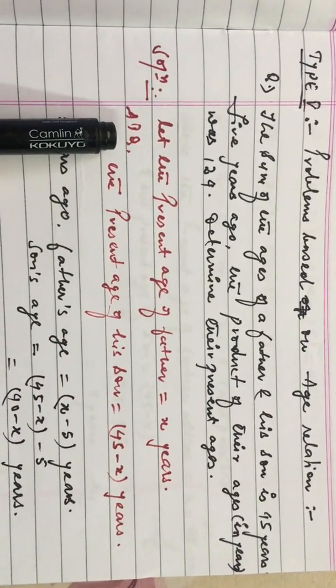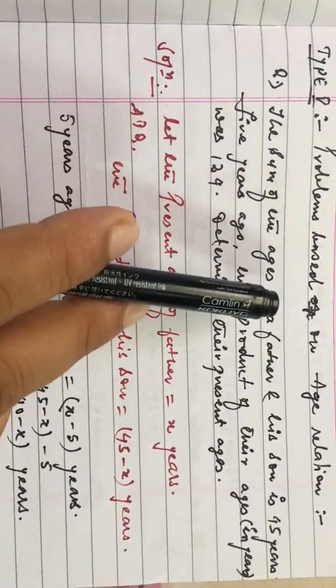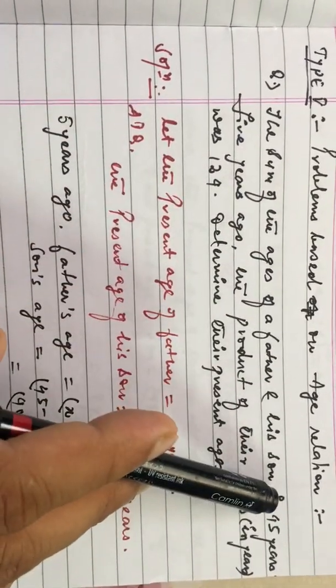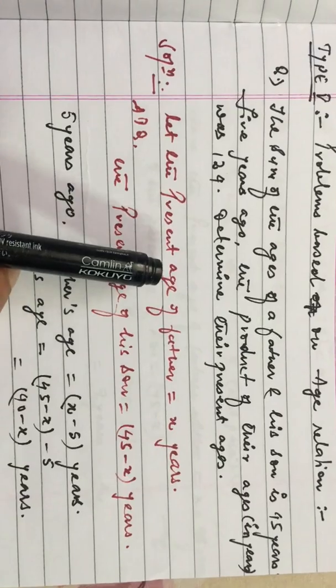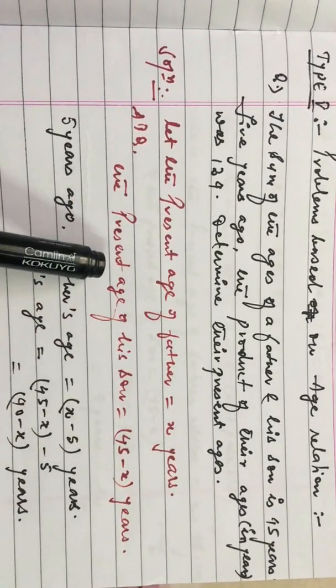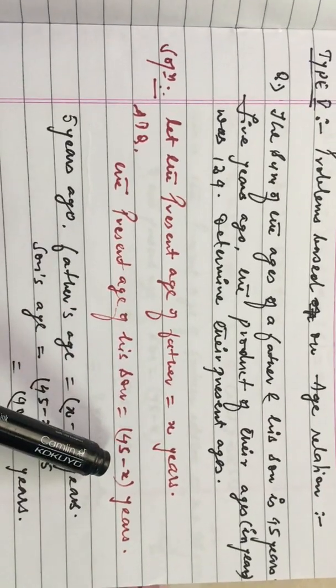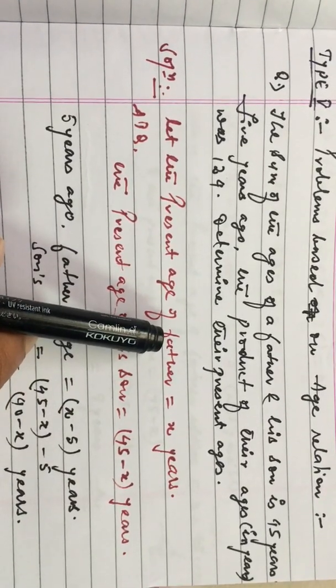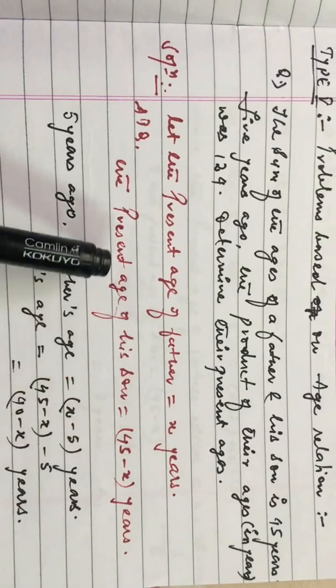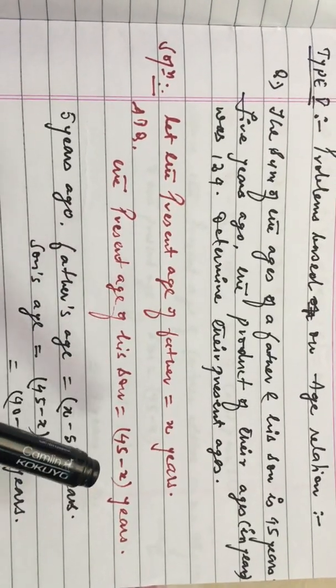According to the question, the sum of the ages of father and son is 45 years, so if the present age of father is x, then the present age of his son will be 45 minus x, because their sum is 45. And if you suppose the present age of son is x years, then the present age of father will be 45 minus x.